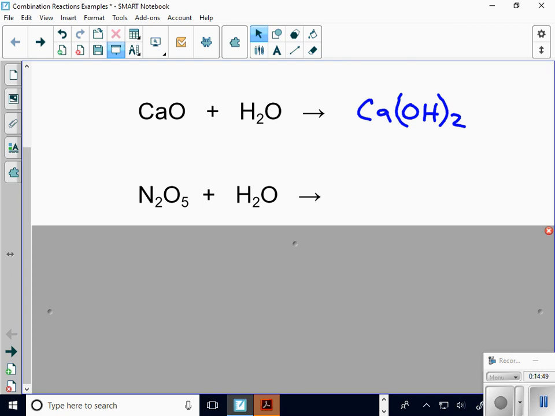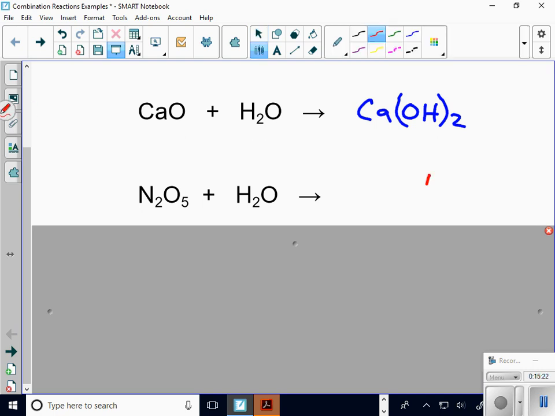Now, in this case, what are some polyatomics on your PAL that are dealing with nitrogen and oxygen that could form an oxyacid? Anyone? Okay. The first thing that comes to my mind is nitrate.